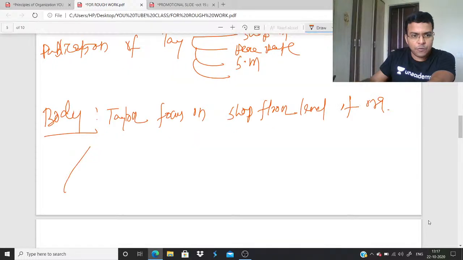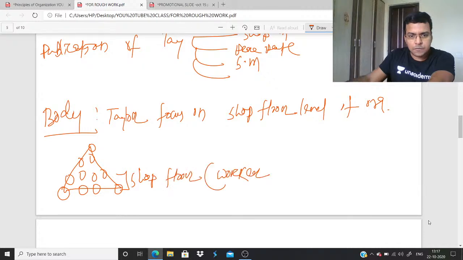What is the shop floor level? Look at this. This is the shop floor level, where workers are working.